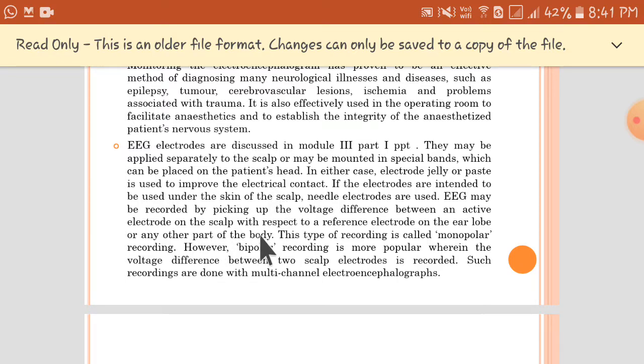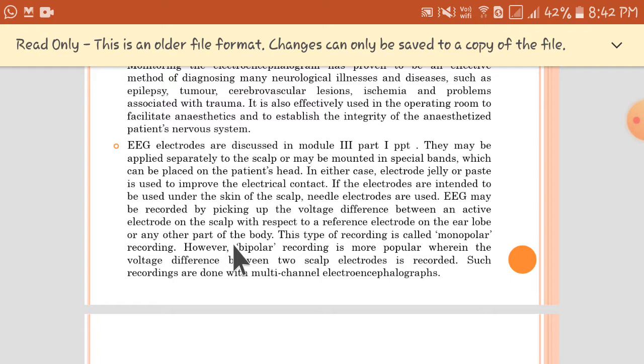EEG recording is done in two ways, monopolar recording and bipolar recording. What is a monopolar recording? If the voltage difference between an active electrode on the scalp with respect to a reference electrode on the earlobe is measured, then it is called a monopolar recording.